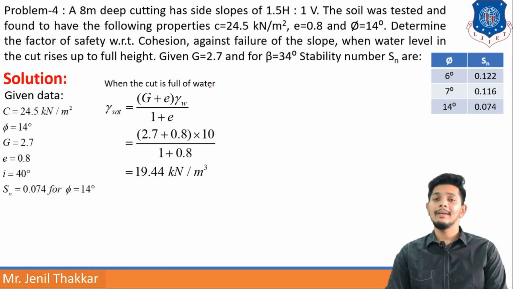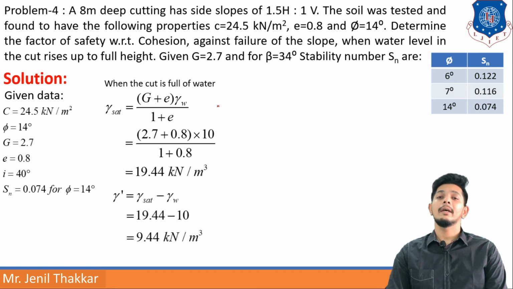For gamma saturated I will use the formula from index properties: G plus E into gamma W upon 1 plus E is equal to gamma saturated, where G and E are given, gamma W is by default 10 and E is 0.8. Putting all the values I get gamma saturated as 19.44, and deducting the unit weight of water from it, I get gamma dash, the submerged unit weight, as 9.44 kilonewton per meter cube.